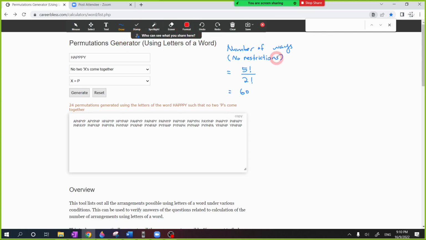Number of ways with no restriction will be 60, right? So if you calculate this way, number of ways with all Ps together, all next to each other.